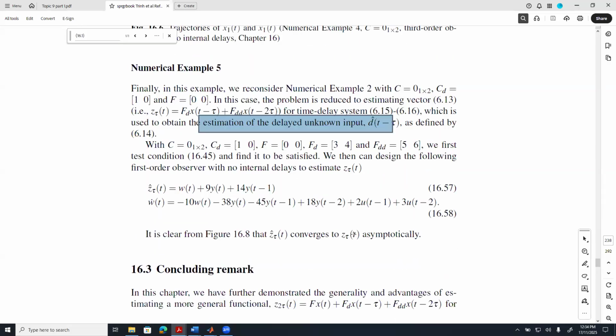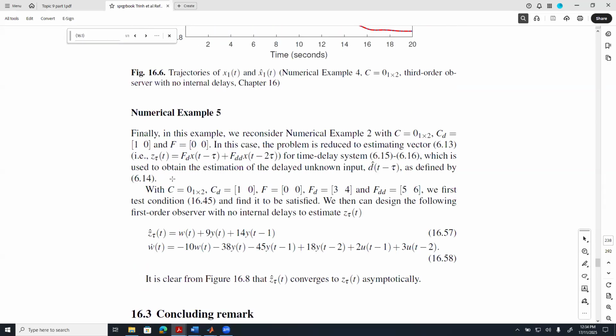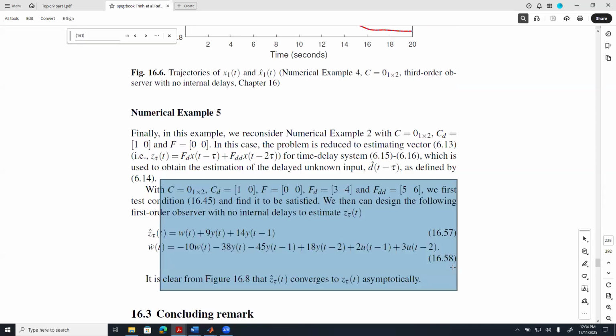So, whatever is given to us, C, F, and so on, we can test our condition, and if it's satisfied, we can proceed with the design. And if we can get a stable observer, that's where our design is complete.